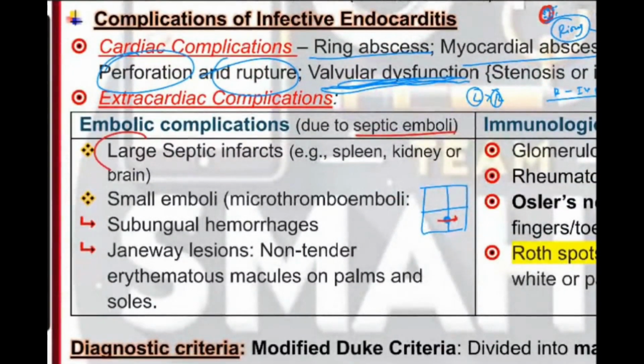If the emboli are large, they can go to the brain, spleen, and kidney and cause infarction: CVA, acute kidney injury, splenic infarction. But if the emboli are small, they will cause subungual hemorrhages or non-tender Janeway lesions.